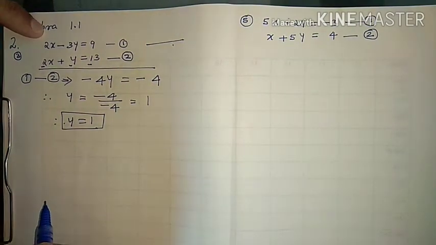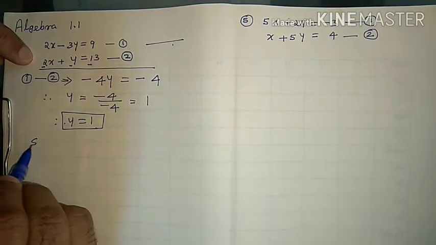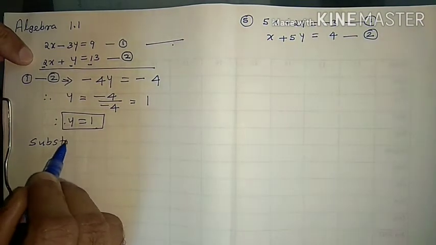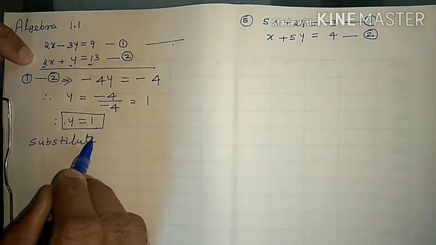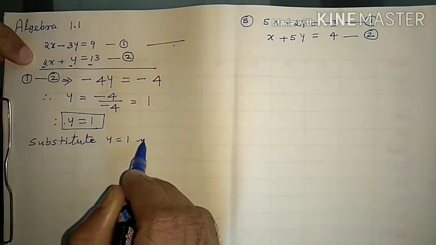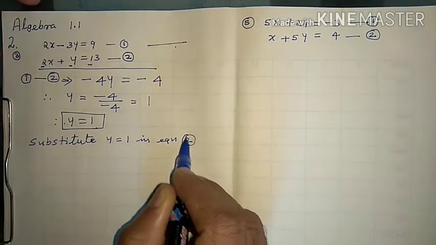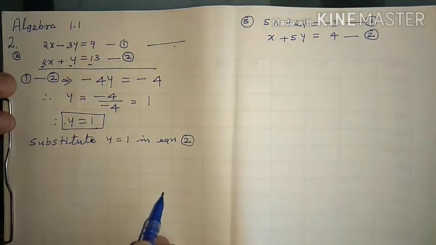This we substitute in the first equation or second equation. We substitute in the second equation. Substitute y is equal to 1 in equation 2. Even if you substitute in one, the same answer you will get.